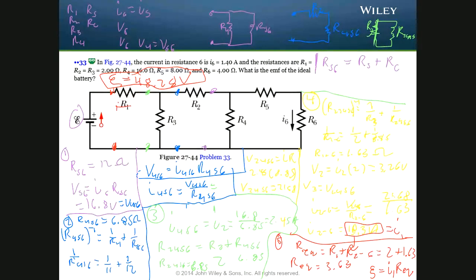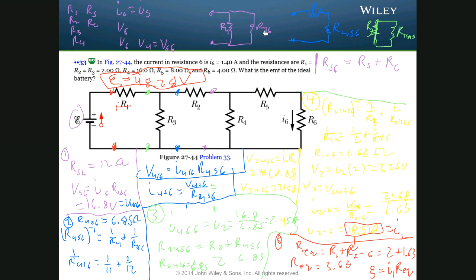I tried to make a table of everything we knew, but that got out of hand pretty quick. So what I did was start with the easy stuff. I just did this part in my head, and I wrote a circuit down here, R5, 6, and R4, because those were in series. Then I added them together, R5, 6. When we got to 2, I made a little dot here, and this dot corresponds to this circuit.